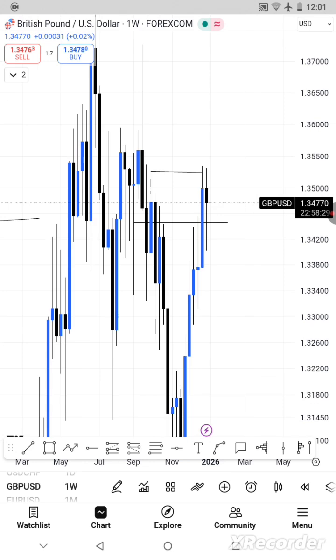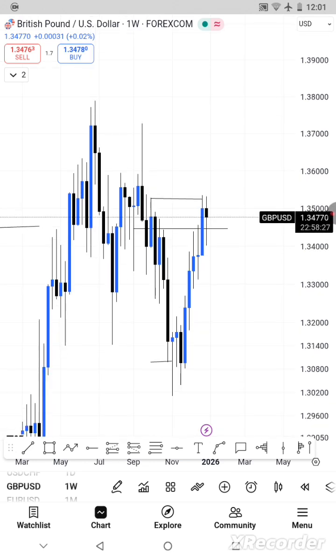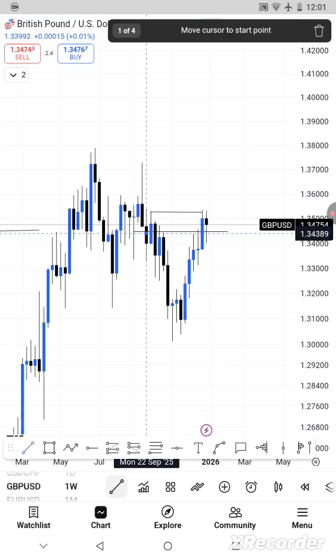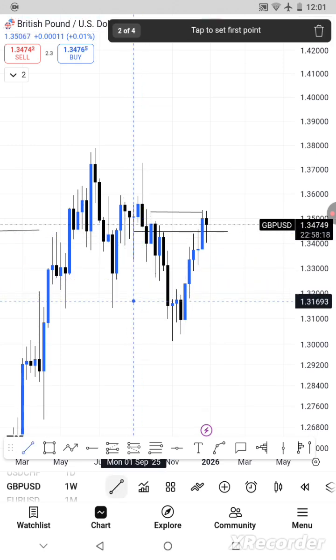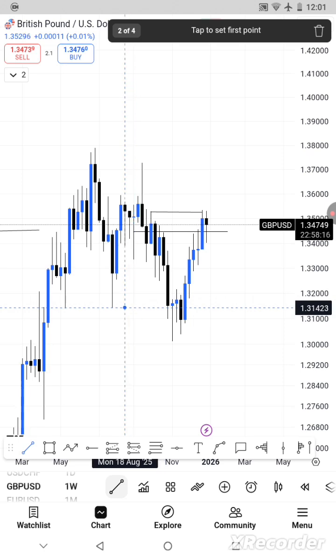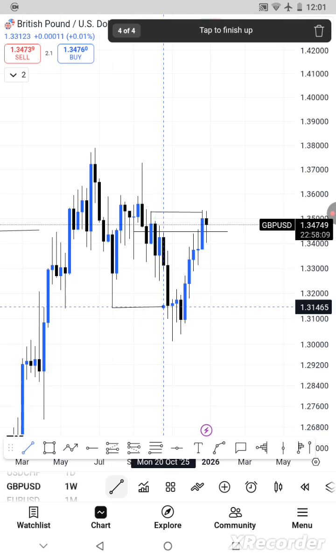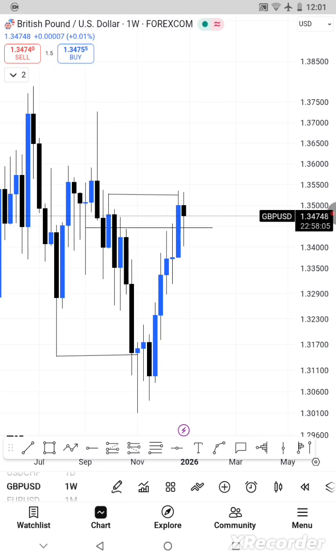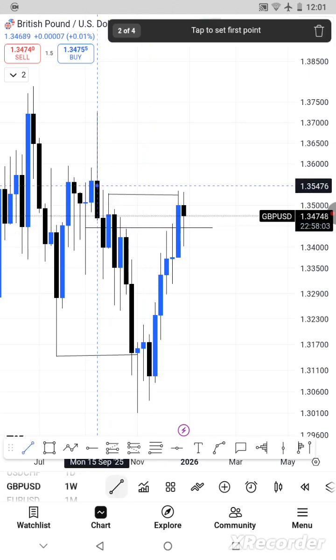But right now I'm looking at the structure of this market. We can see how the market has broken the low of this structure, and we can see something else here.